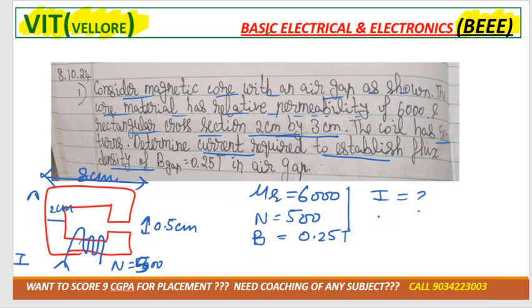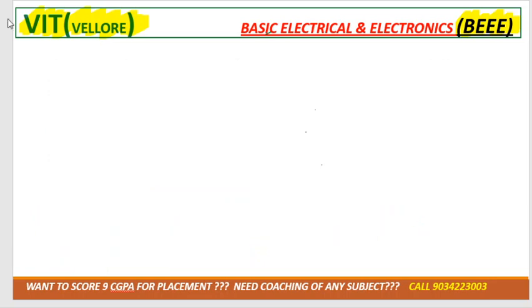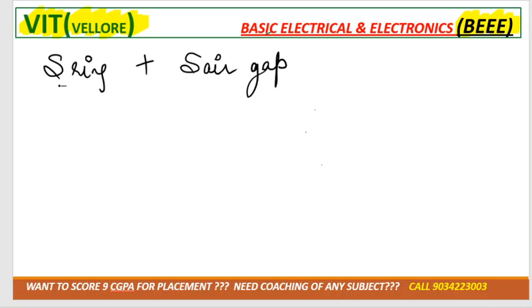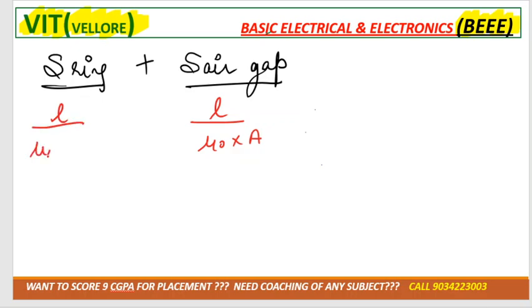First of all, whatever the case is, we calculate reluctance, right? So calculate two reluctances. One is for the air gap. Whenever you get these, you always need to get reluctance. For the air gap, S is L divided by mu naught multiplied by area, and for the core it would be L divided by mu naught mu r multiplied by A. That is the reluctance, right?